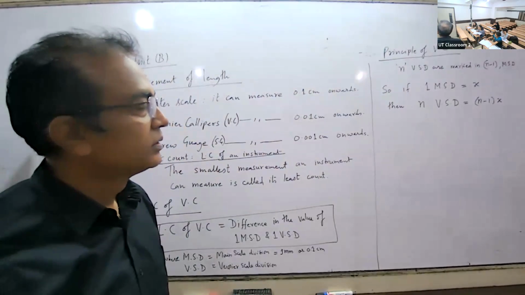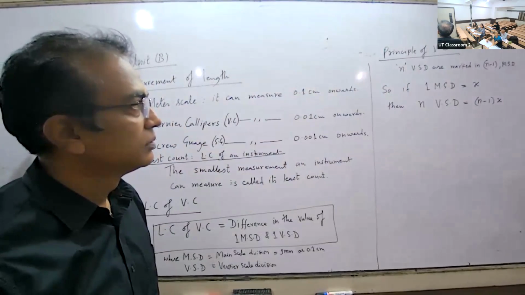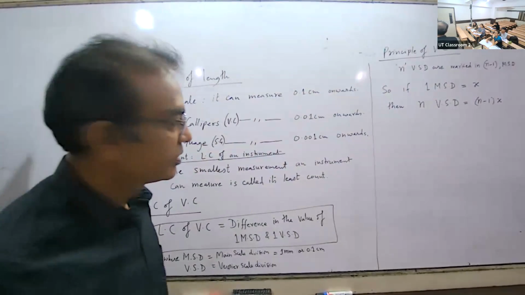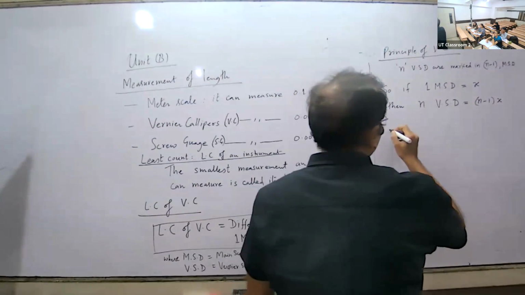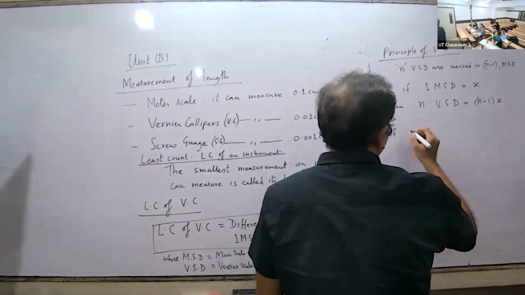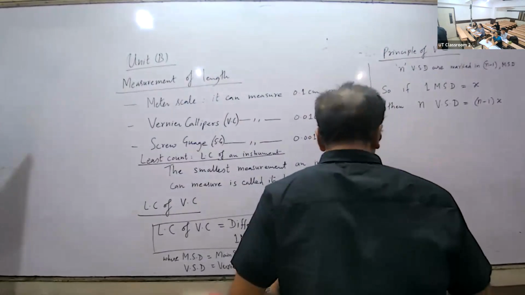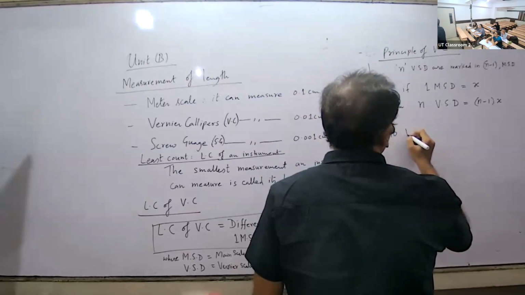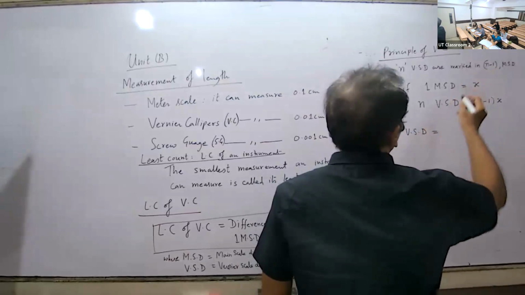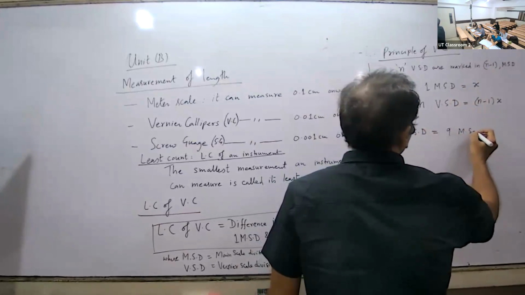Isn't it? See, let's say you have 10 vernier scale divisions. How many divisions will it fit into? 9 main scale divisions. This is what I explained, right? Yes.